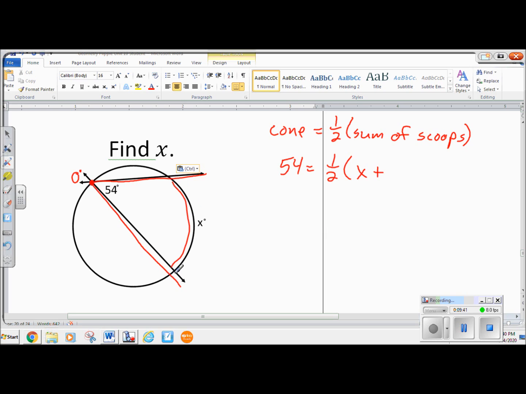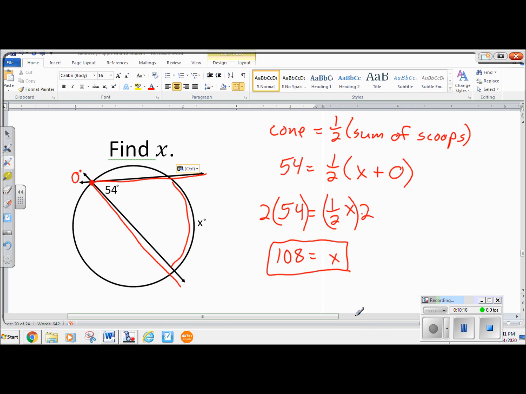Remember, the scoops are the arc measures. When the arc measure is just a point, it's 0 degrees. Solve for x. X plus 0 is just x. And since 54 equals half of x, we'll multiply both sides by 2 to get all of x. So x is equal to 108.